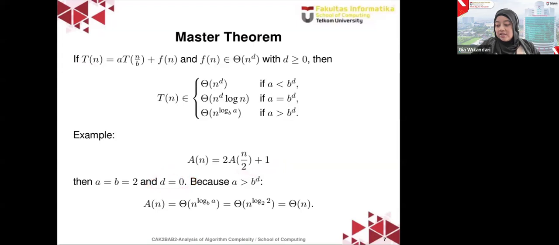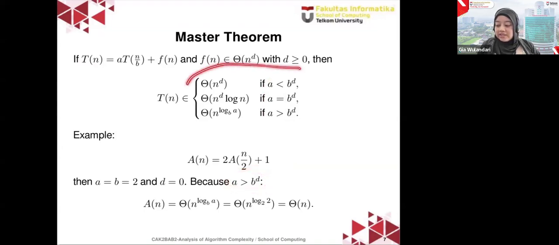And we check the relation between A and B to D. A is equal to 2, B to D is 2 to 0, which is 1, which means the relation is higher.